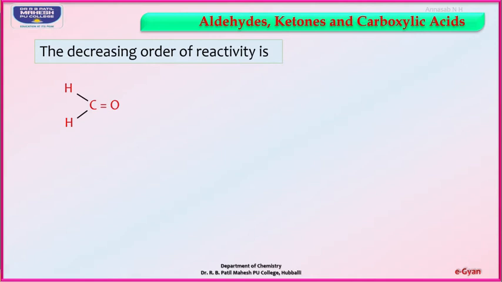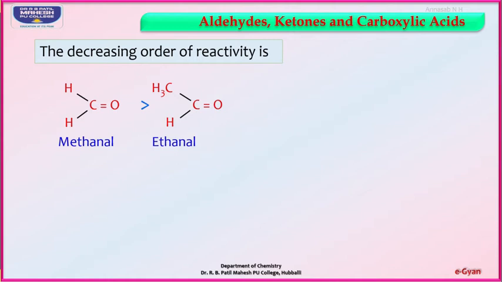HC double bond OH, where there are no alkyl groups attached to carbonyl group, there is a presence of only two hydrogen atoms. Name of the compound is methanal, which shows greater reactivity compared to the one where one hydrogen atom is replaced by alkyl group, CH3 C double bond OH. Again an aldehyde, as there is a presence of one alkyl group, reactivity is going to decrease.